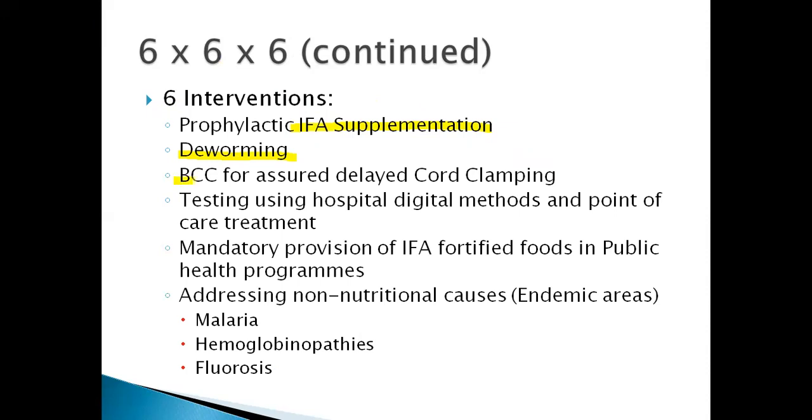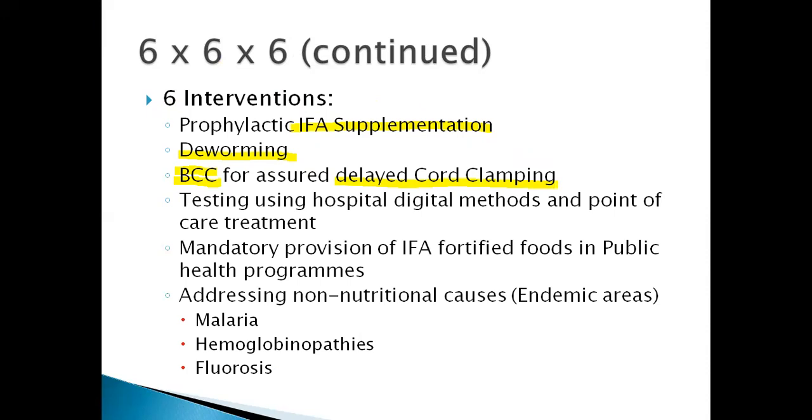Very importantly, we have behavior change communication. And what you should again try and relate is that the behavior change communication has now also included the topic of delayed cord clamping. Just think about it: when do we do cord clamping? Cord clamping is done within the first few seconds to minutes of life.